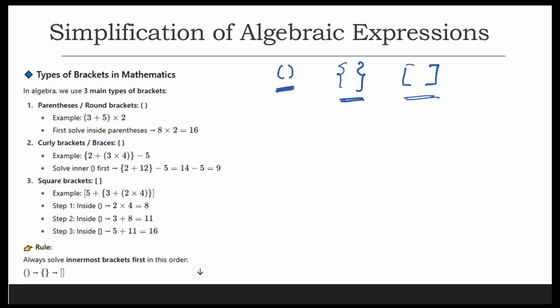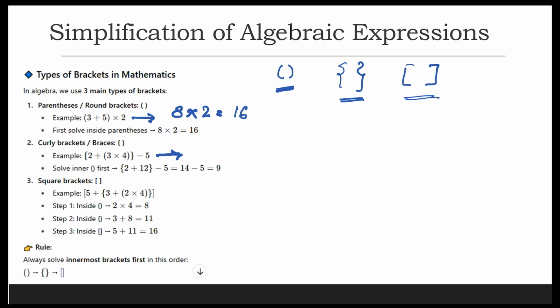Now, if any expression has brackets, in that case, we have to solve the smallest bracket first, then the medium bracket, then the large bracket, right? So, say for example, this one, there is only a small bracket, so we have to solve it first. 3 plus 5 is 8, into 2, and then only we will multiply, answer is 60.